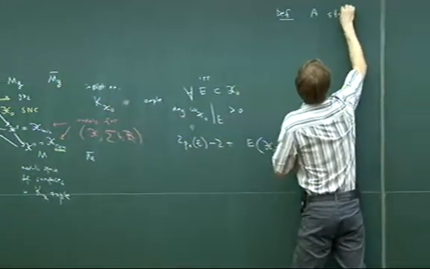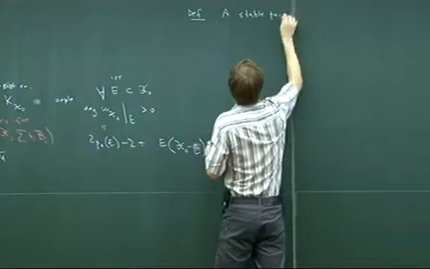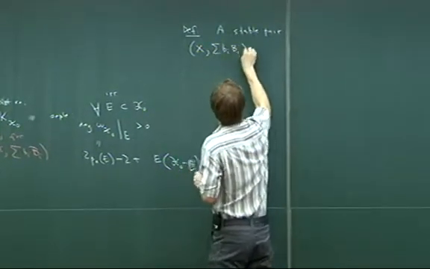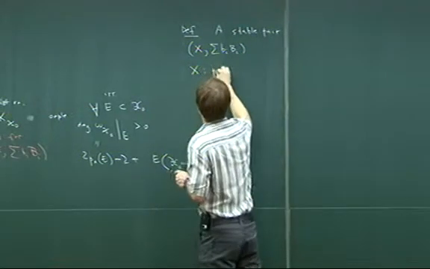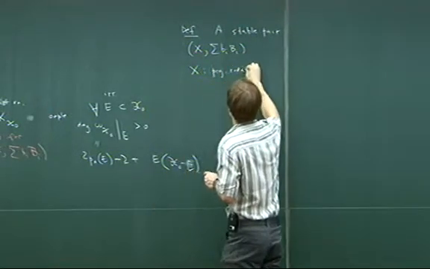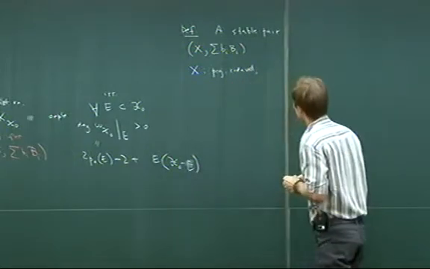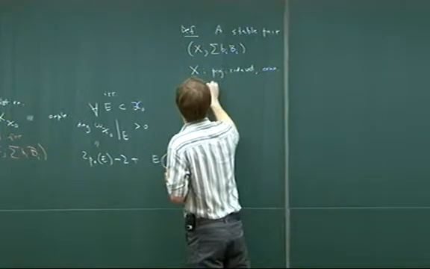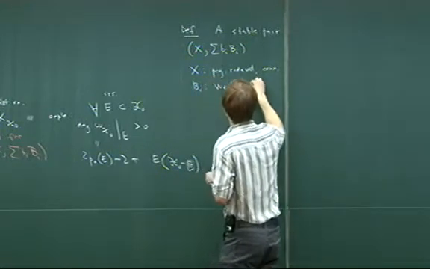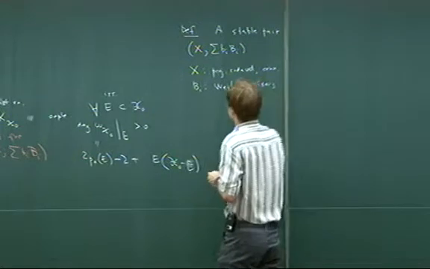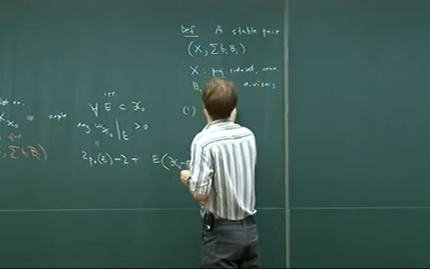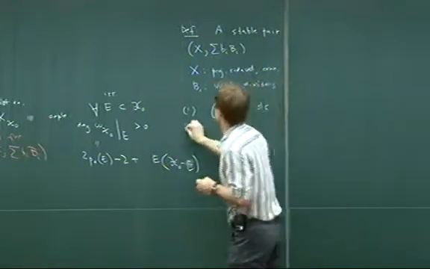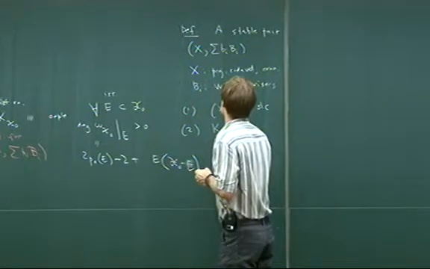So the stable pair is a pair like this, where X is projective, reduced, connected, and the BIs are Weil divisors. And the singularities of this pair are semi-log canonical, and KX plus B is ample.